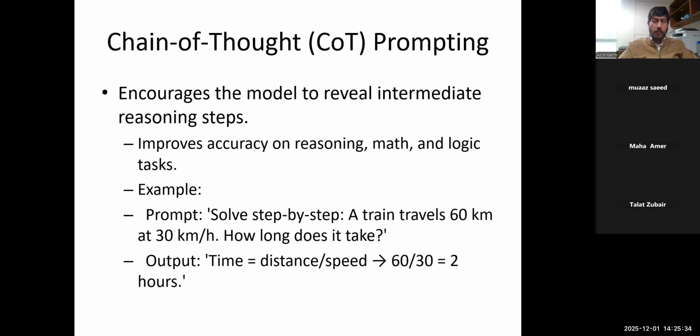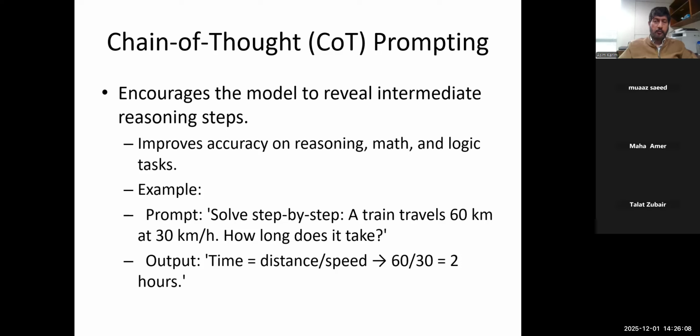So chain of thought, we have already talked about briefly before. So this is again an ICL type of thing that you include in the prompt. So you ask the model to explain the answer. Okay. So a math problem, like a word problem where you have distances and points and so on, but you explicitly ask, solve step by step.